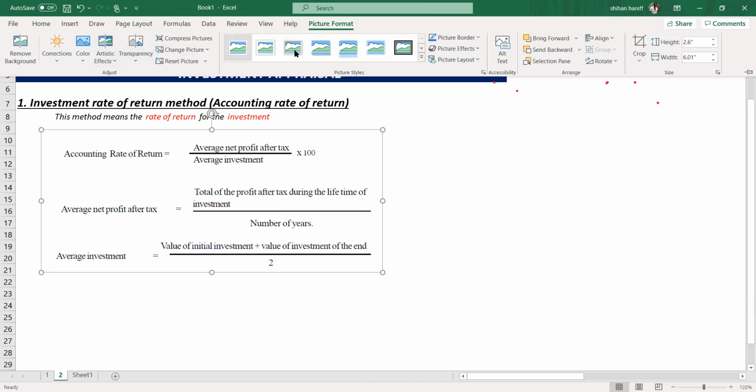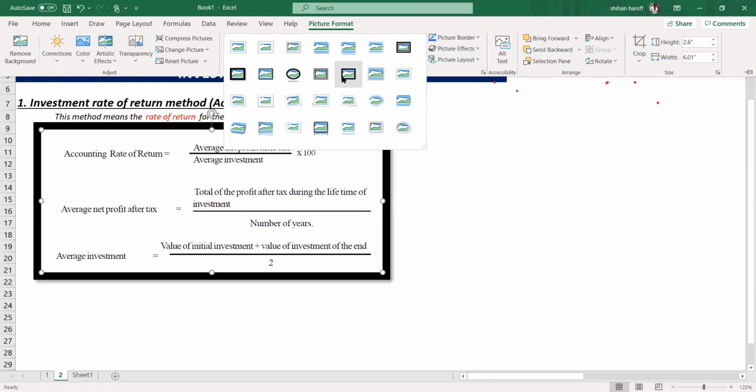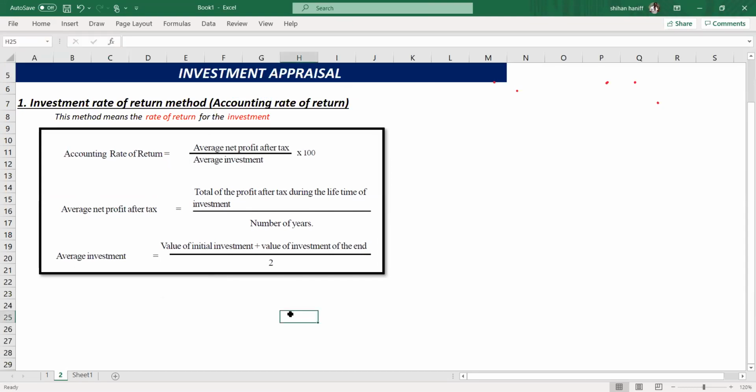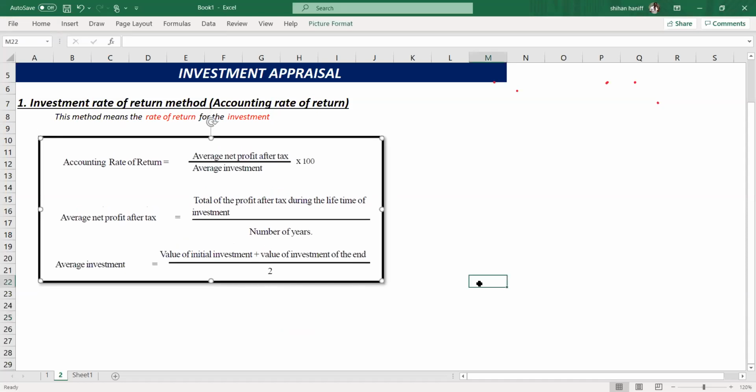Average net profit is equal to total of the profit after tax during the lifetime of the investment, so you add 5 years' profits and divide by the number of years, which is 5. Average investment means initial investment plus value of investment at the end, divided by 2. Okay, so write this equation.